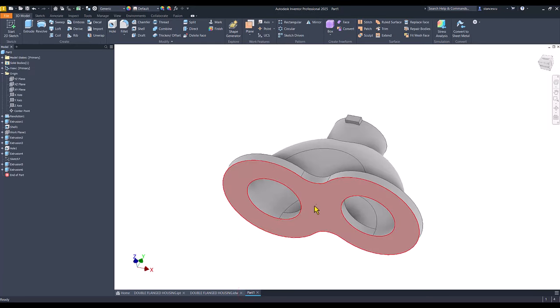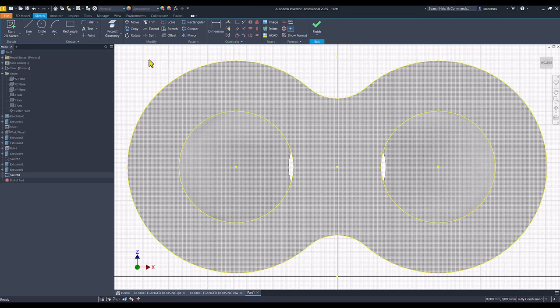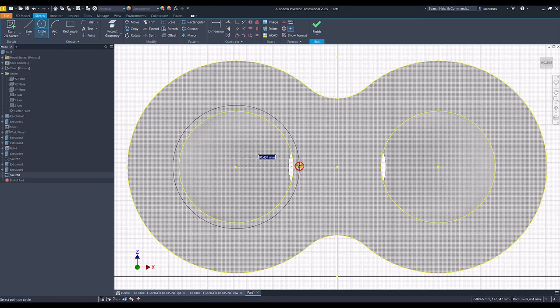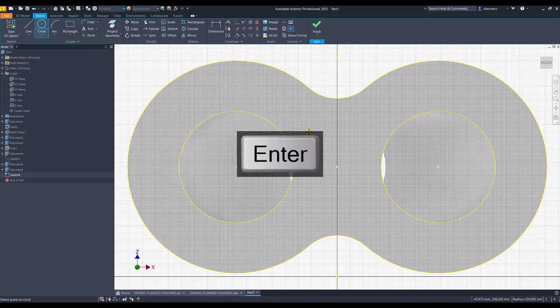We turn the part and we draw two circles. Radius is 106.5. External.